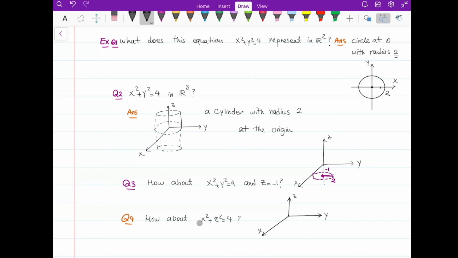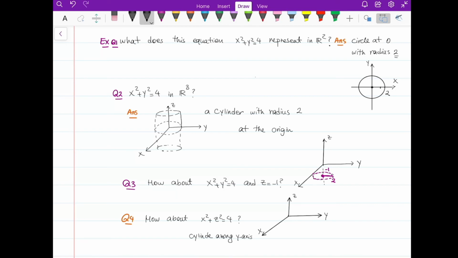Now you see, x and z is equal to 4, but y is free this time. Now this is a cylinder along the y-axis with the radius 2.